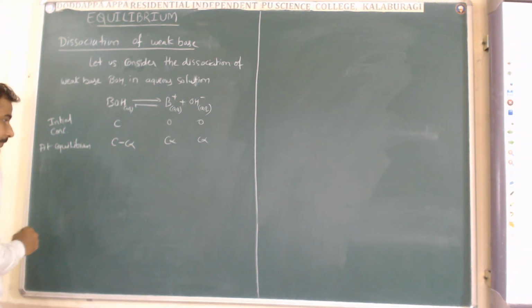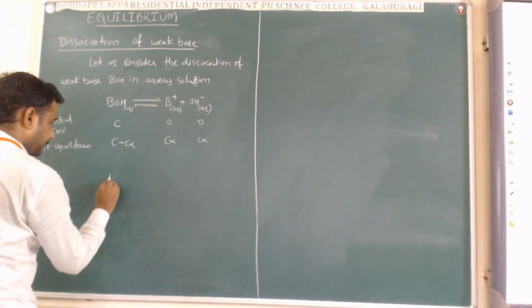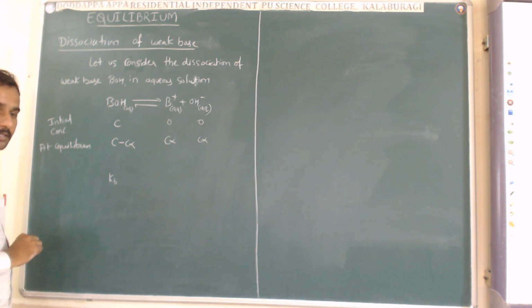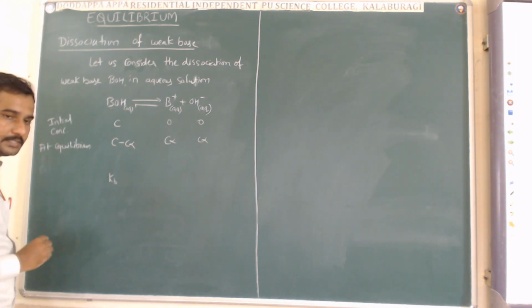Next, in the same way, we write Kb. In the last one we wrote Ka for the weak acid; this is the weak base.